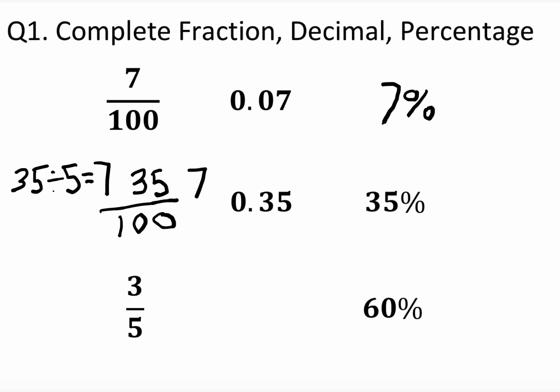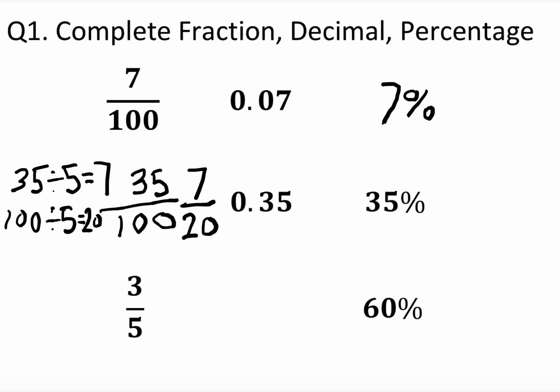So it'll be 7 over 100 divided by 5 equals, how many 5s in 100? 20. So basically the answer is 7/20. Yeah, that's when we've simplified 35 over 100.